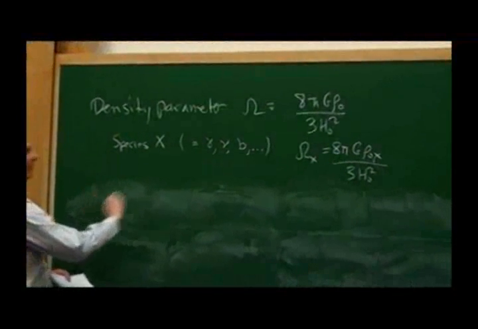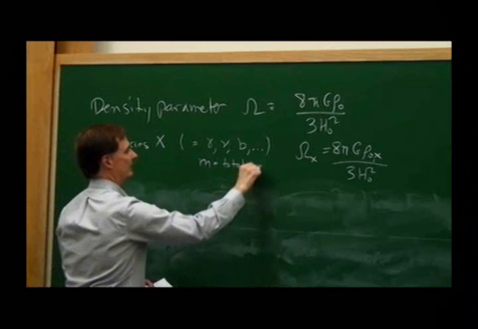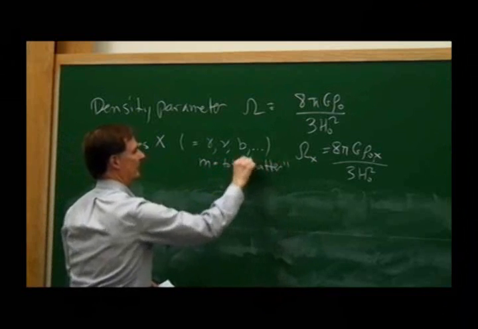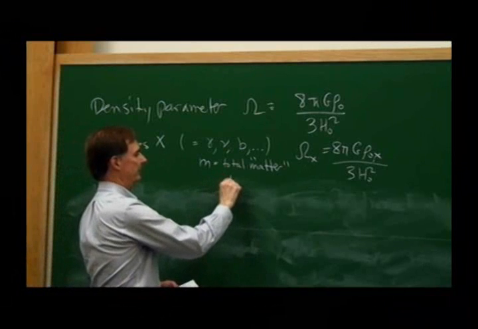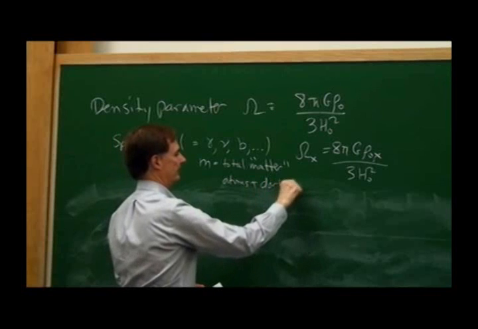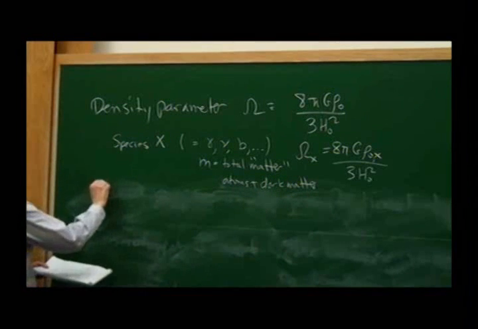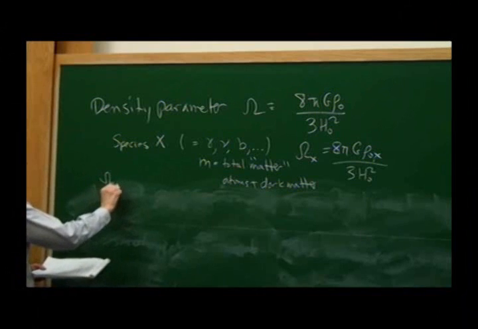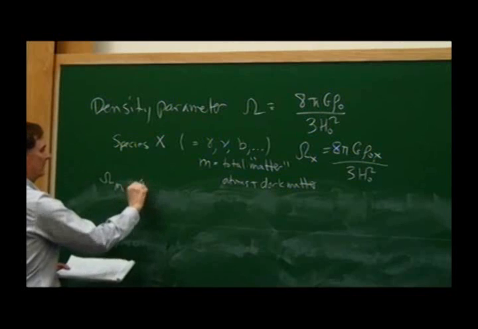And today, M is the total matter in quotation marks, which means atoms plus dark matter. So omega matter is about 0.27.